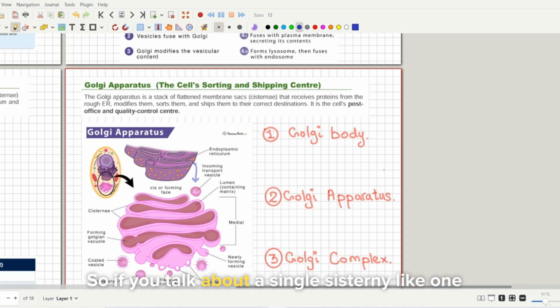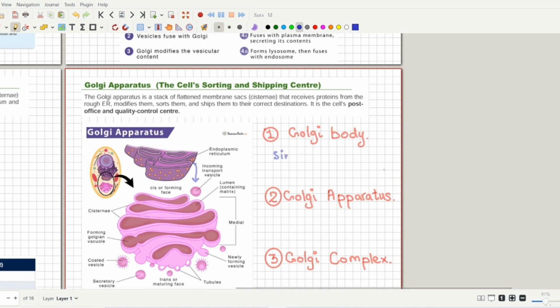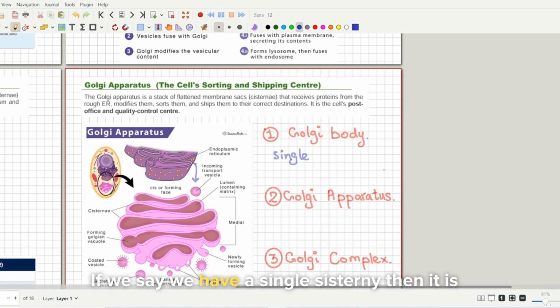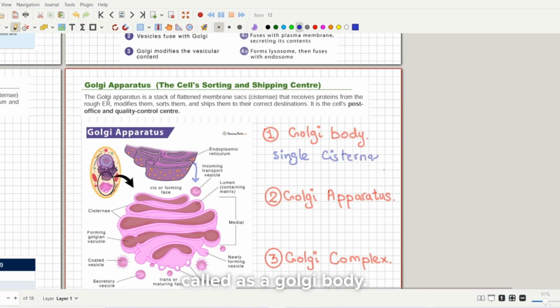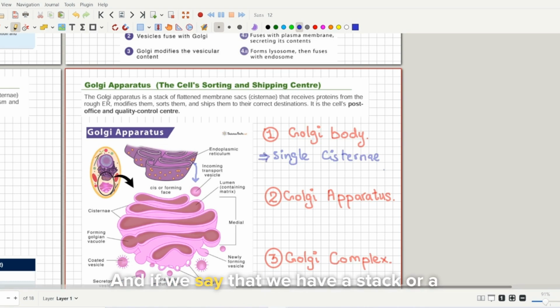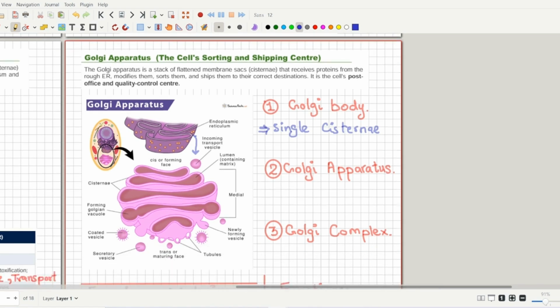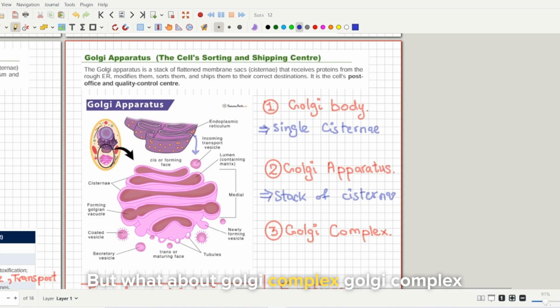If we talk about a single cisterna, then it is called a Golgi body. If we have a stack or bundle of cisternae, then it is called the Golgi apparatus. But what about the Golgi complex?